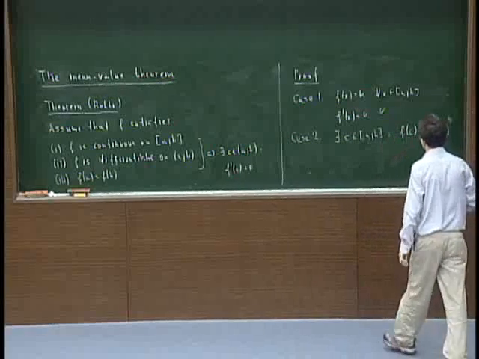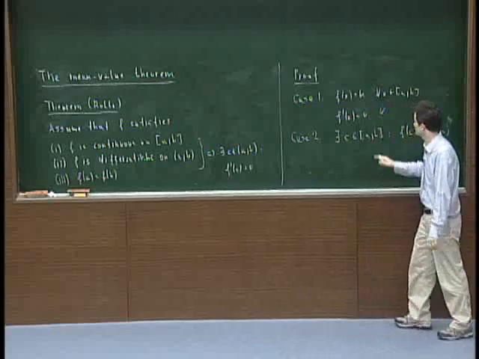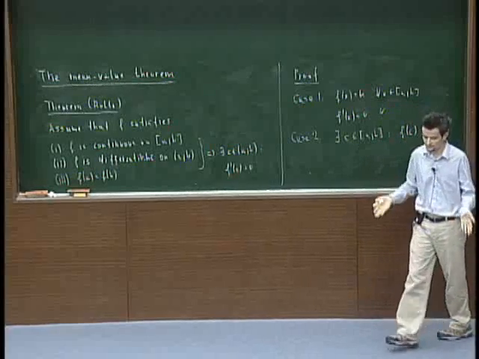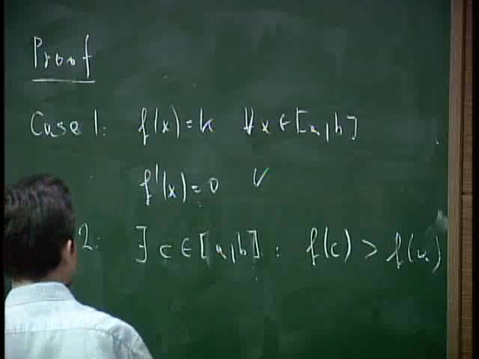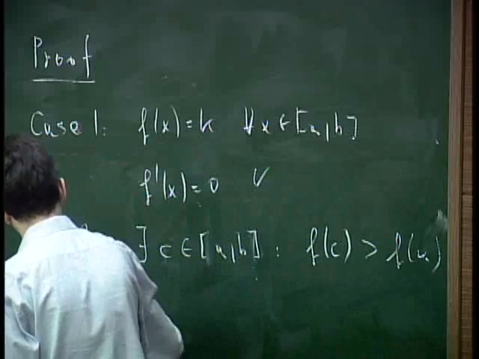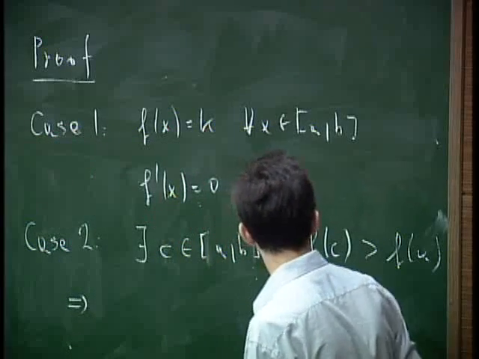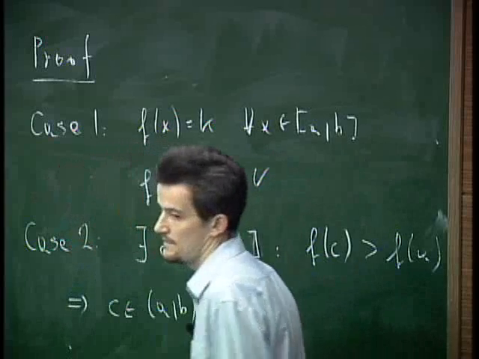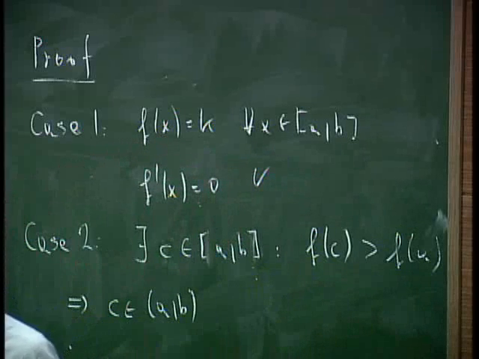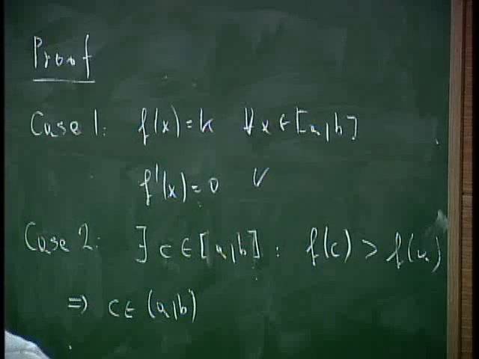So if the function is not constant, there exists either a C where f of C is larger than f of A, or there exists a C where f of C is smaller than f of A. Now it is clear that because f of A is equal to f of B, C is even in the open interval AB.